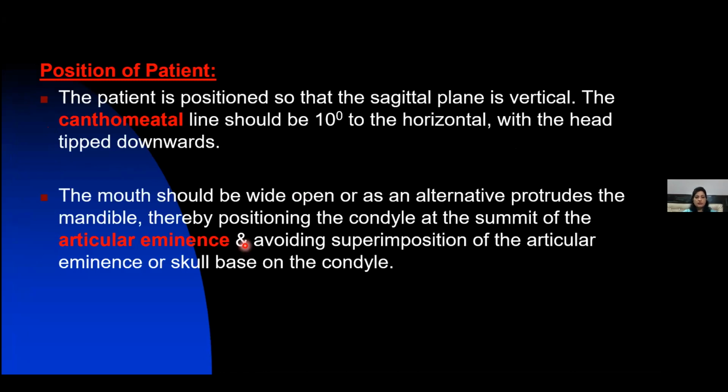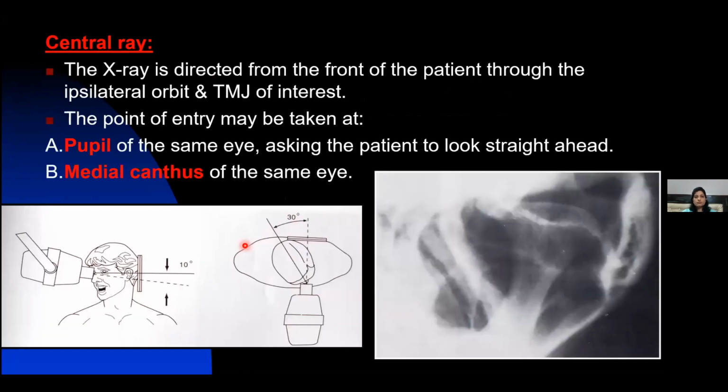Again, it is an open mouth condition, and you have to protrude the mandible. The central X-ray is directed in the front of the patient through the ipsilateral orbit. Point of entry is the pupil or medial canthus, with 10 degrees angulation.